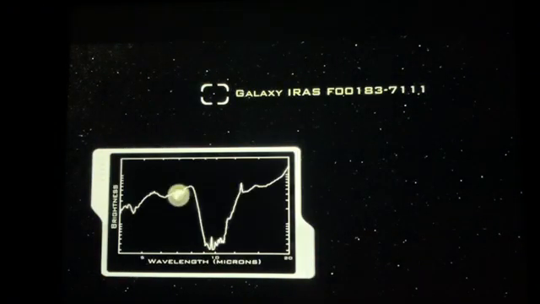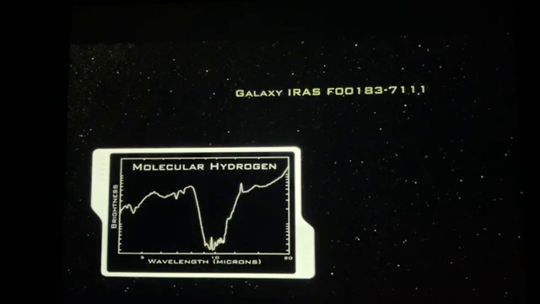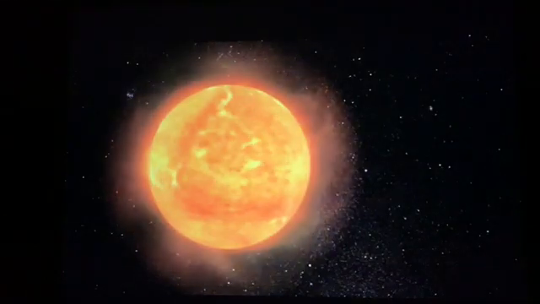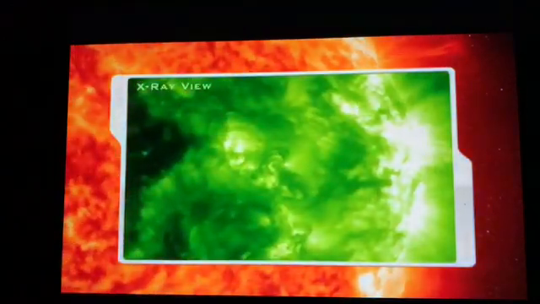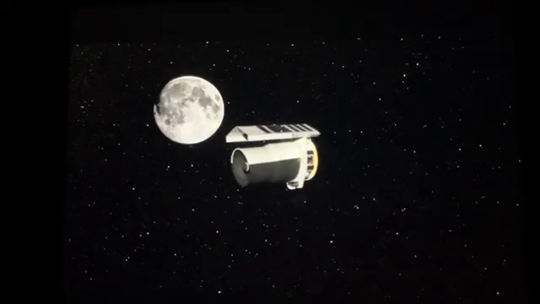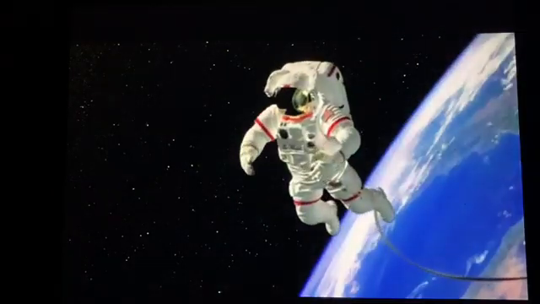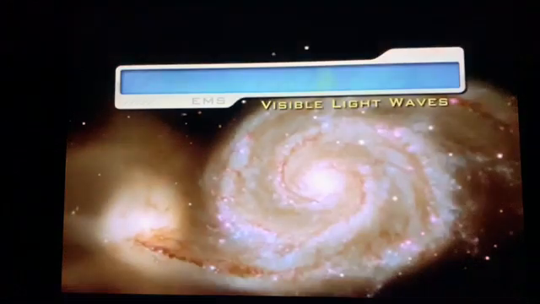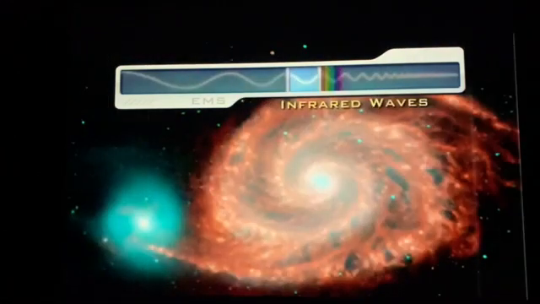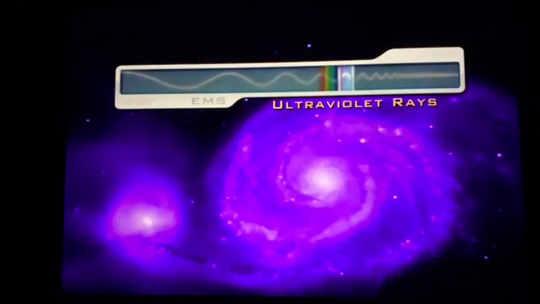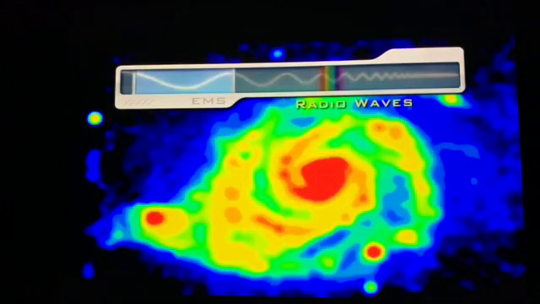NASA's Spitzer Space Telescope observed the presence of water and organic molecules in a galaxy 3.2 billion light-years away. Viewing our sun in multiple wavelengths with the SOHO satellite allows scientists to study and understand sunspots that are associated with solar flares and eruptions harmful to satellites, astronauts, and communications here on Earth. We are constantly learning more about our world and universe by taking advantage of the unique information contained in the different waves across the EM spectrum.